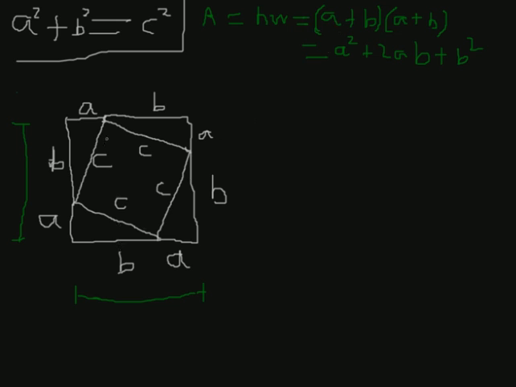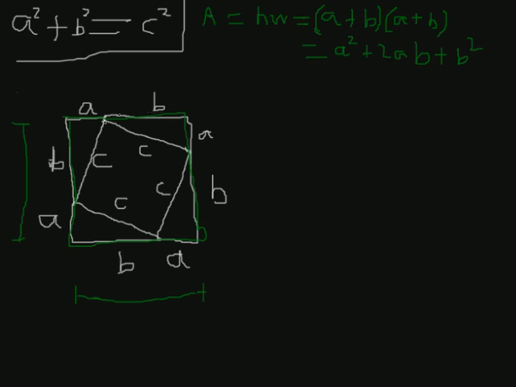alright, so next, what would be the area of this square here? So that's the area of the entire square right there. Now what's the area of the smaller square?